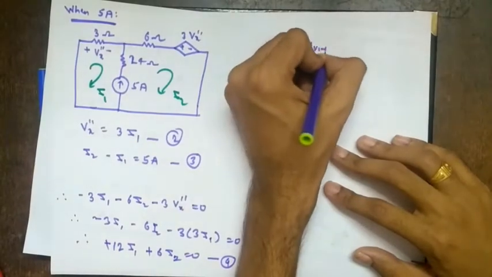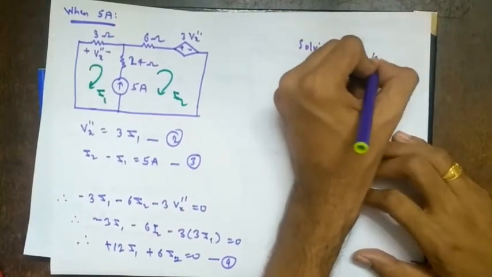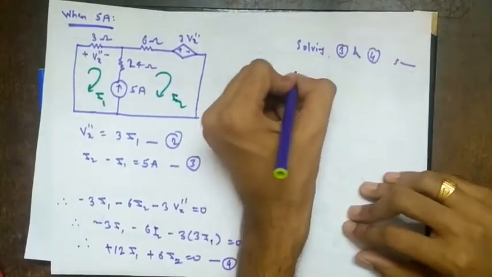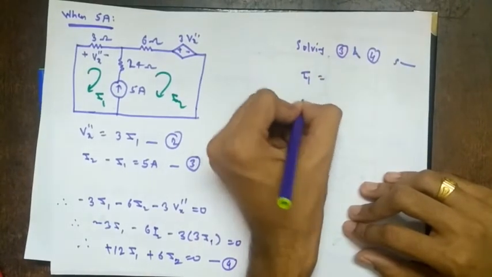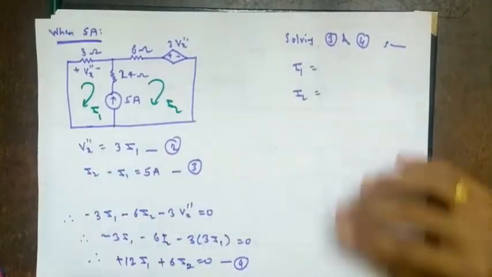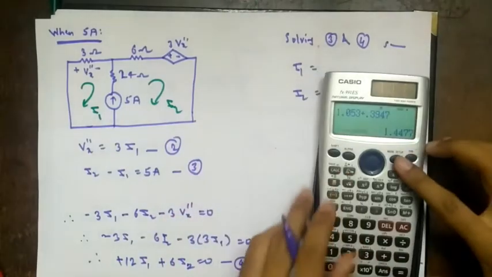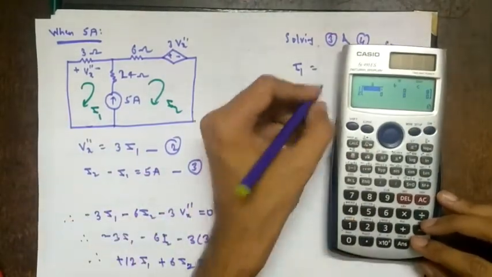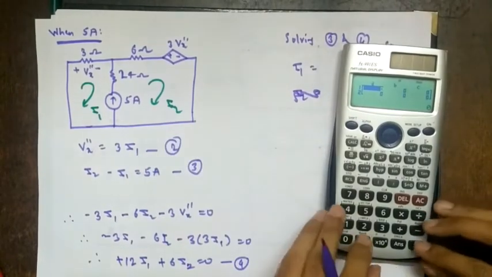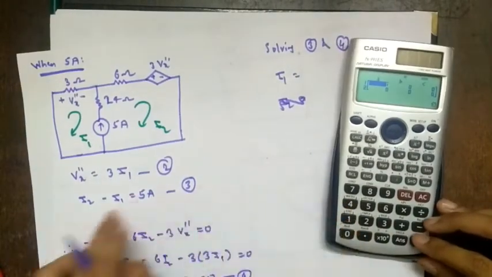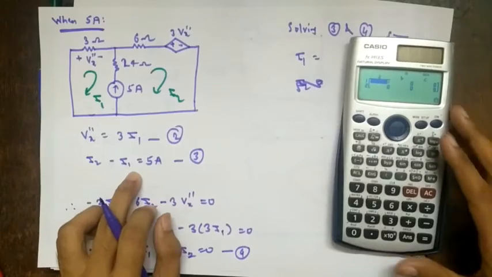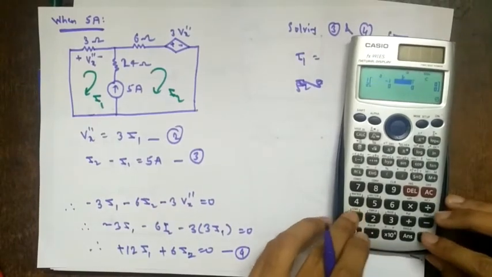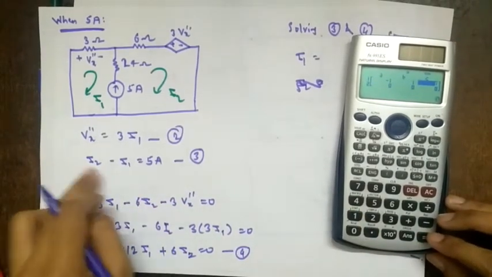So solving 3 and 4 simultaneously, what will we get? I1 equal to, I2 equal to. We require only I1, so we will not write I2. Remember this is I2 minus I1, so first we'll take minus 1, then plus 1 because minus I1 plus I2.